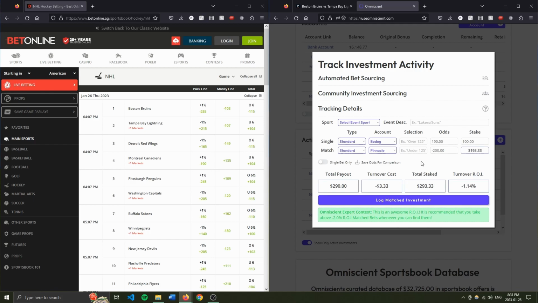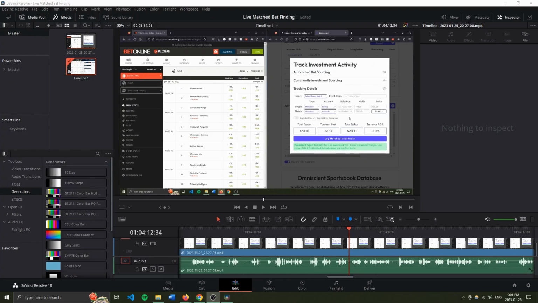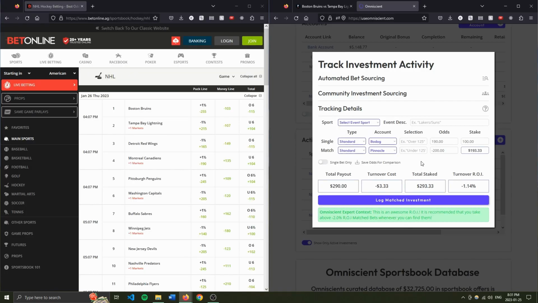One other thing conceptually that's important to note is if you're betting the matched bet, so if you're betting on the sportsbook that you received the bonus offer on for the entire amount on the book, it's very preferable to bet a favorite on the account that you're matching with.